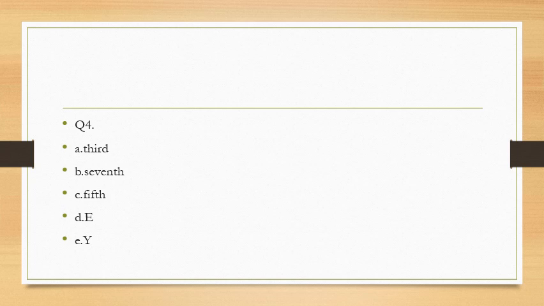So B is the first letter children, H is the second letter, A is the third letter, R is the fourth letter, then A is the fifth letter, then T is the sixth letter, then N is the seventh letter, then A is the eighth letter, then T is the ninth letter, and children, then Y is the 10th letter. So the 10th letter is Y. So here you will write Y.